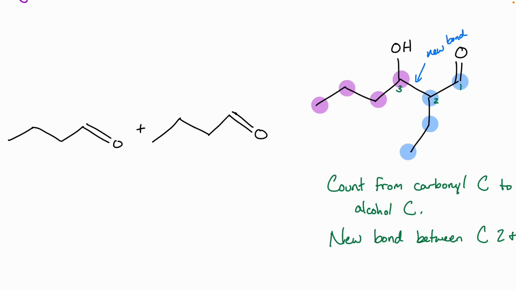Right, and they're identical. In this case, I just took a beaker of butanal, added some base to it, and neighboring molecules reacted with one another. Right, so these would be my purple and my blue carbons.